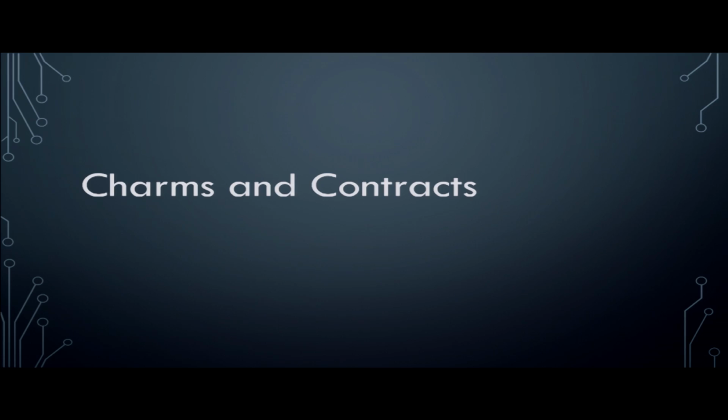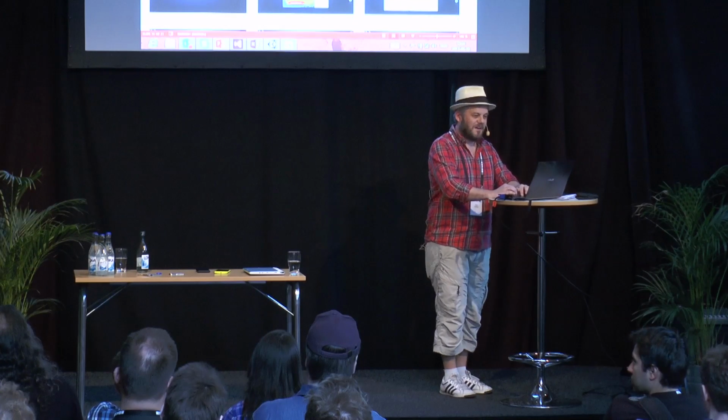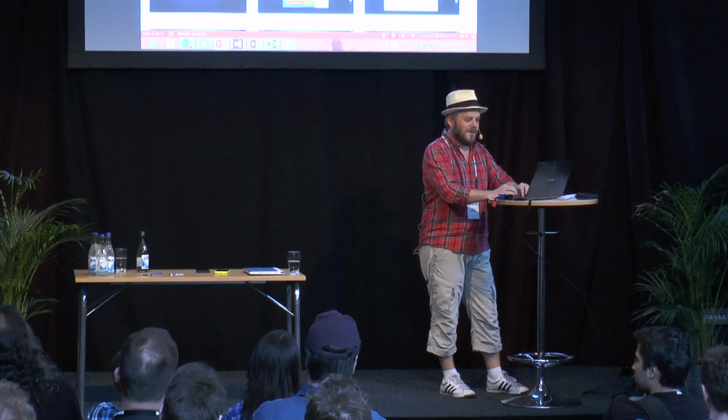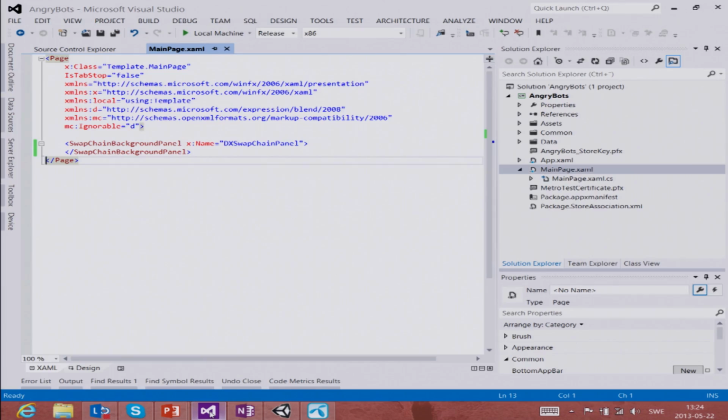So let me show you some of these features in the most common Unity program or app, AngryBot. Here is the Visual Studio project that Unity has built for us, the version that Unity built for Windows 8.